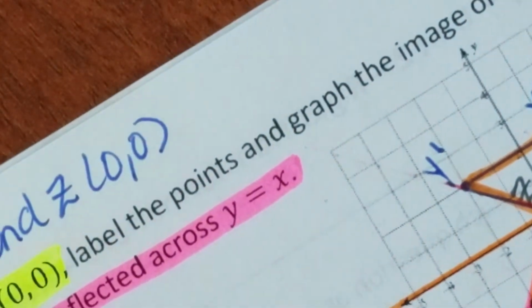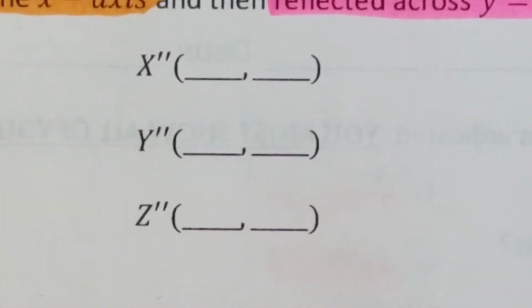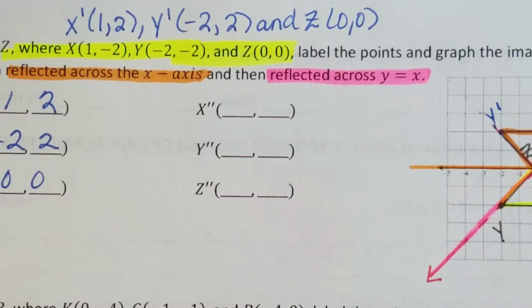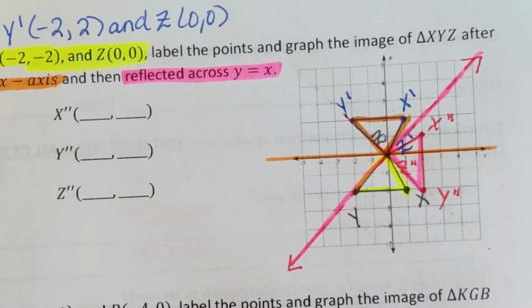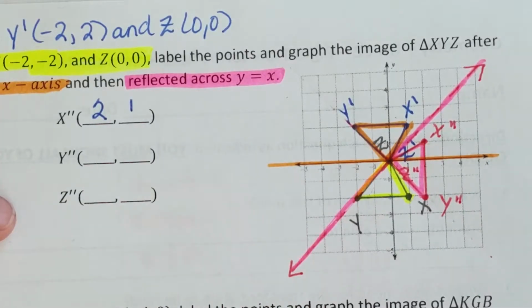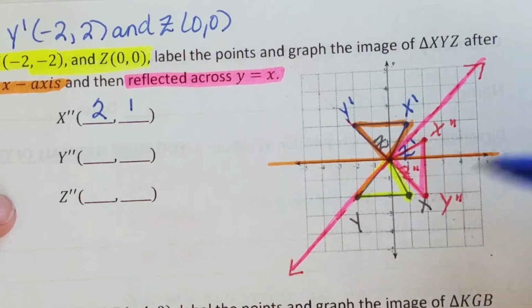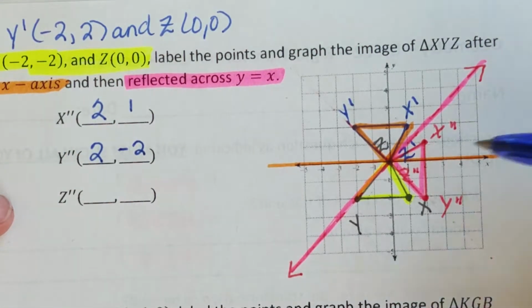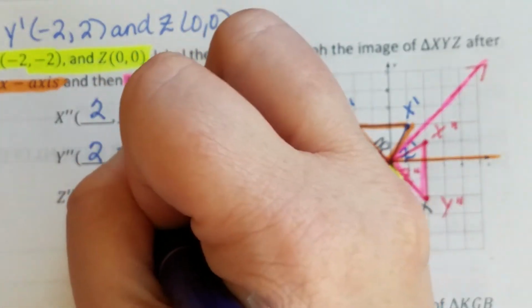And let's go ahead and list our coordinates. So x double prime is at the point 2, 1. I'll zoom out here so you guys can see. So x double prime is at the point 2, 1. Y double prime is at the point 2, -2. And z didn't move. Okay?